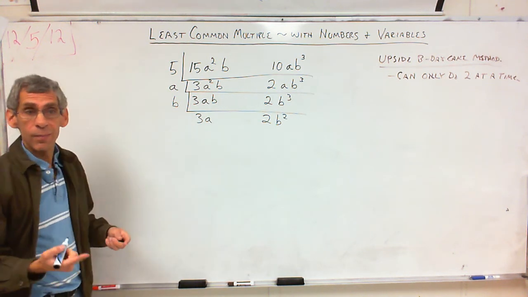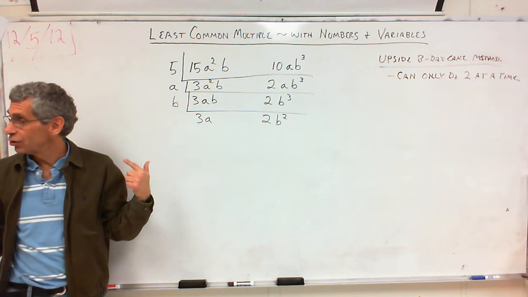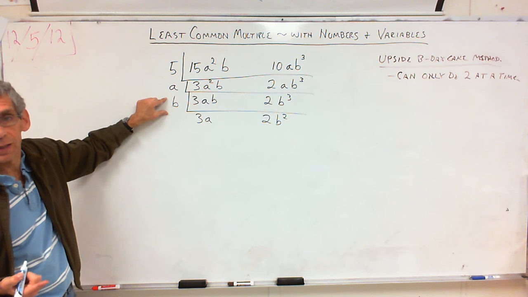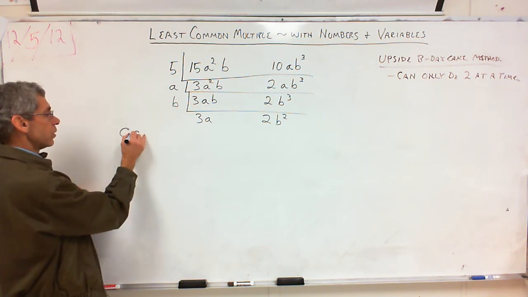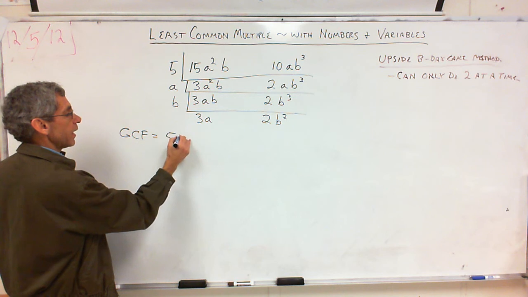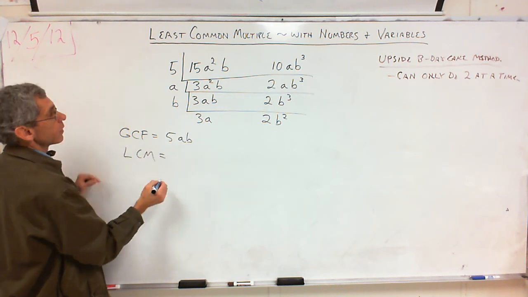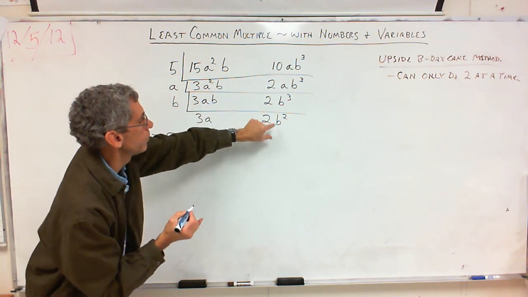Okay, so now the nice thing about this is it tells you 2 things. I know my greatest common factor is 5AB. And my least common multiple is 5 times A times B times 3A times 2B squared.